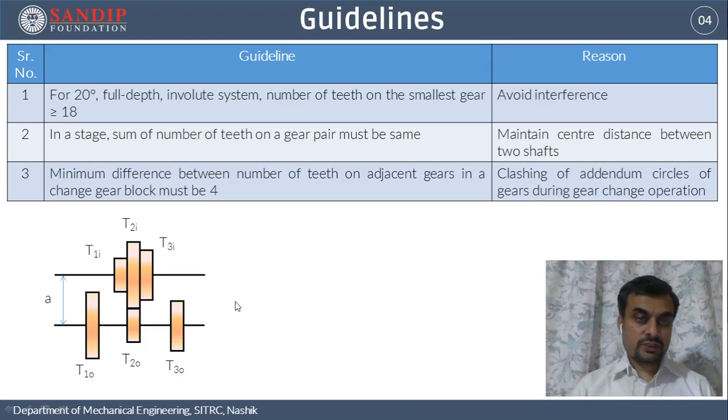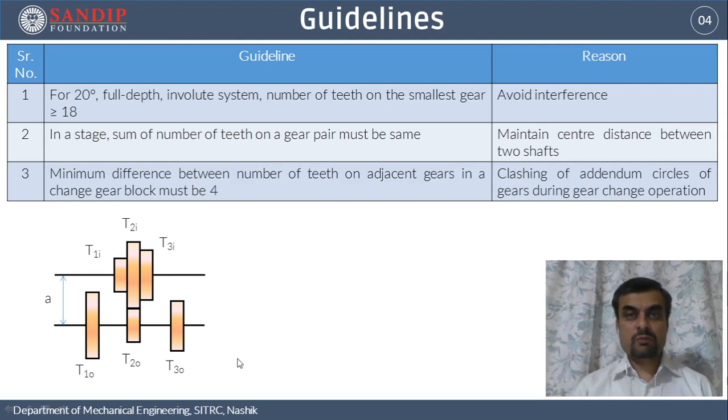Now, for example, if the second pair is engaged, then the pitch circle radius of T2i plus the pitch circle radius of T2o has to be equal to the pitch circle radius of T1i plus T1o. It also has to be equal to the sum of pitch circle radii of T3i and T3o.